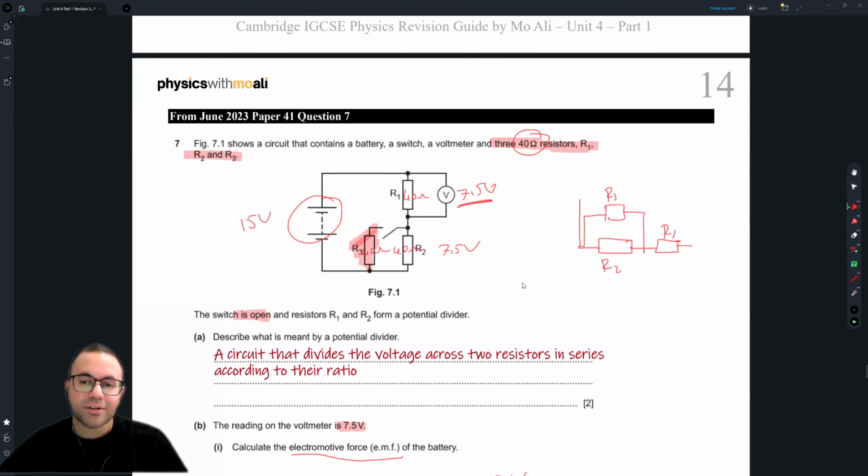Which means you have two resistors in parallel first, which are then in series with this one over here. So step one, I need to get these two together first in parallel. And after I get their combined resistance, I add it to the series one.